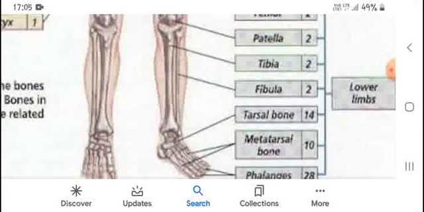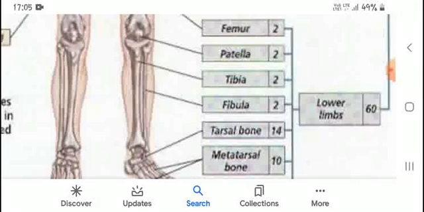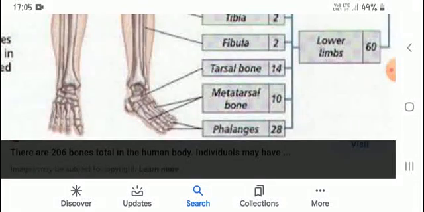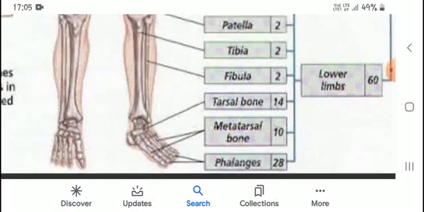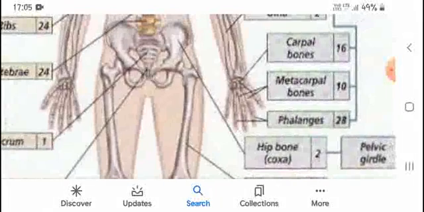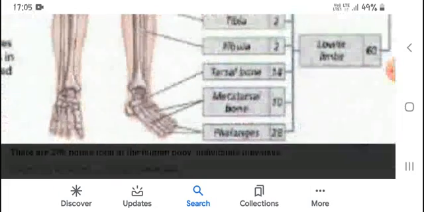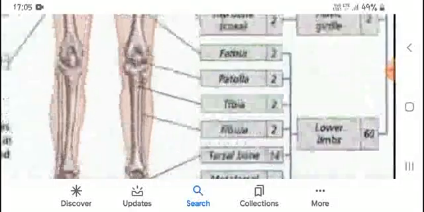Here two bones means both sides, and fibula has two bones, tarsal bone has 14 bones in total, both legs. Metatarsal is 10, and phalanges is 28. So like here, metacarpals, carpals and phalanges, these three are the same, and in the leg also these three are the same, in the lower limbs.